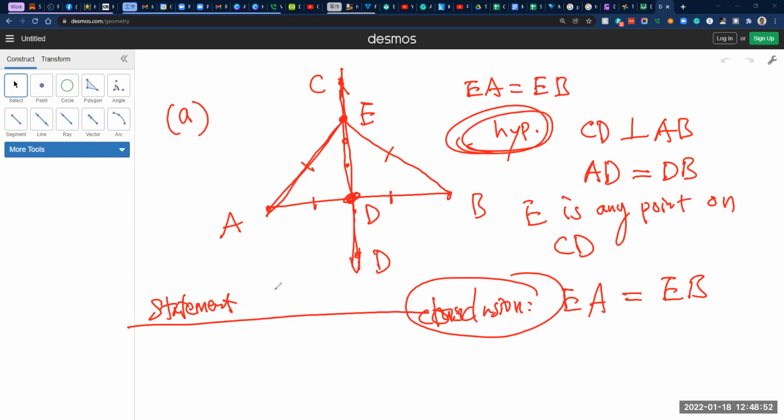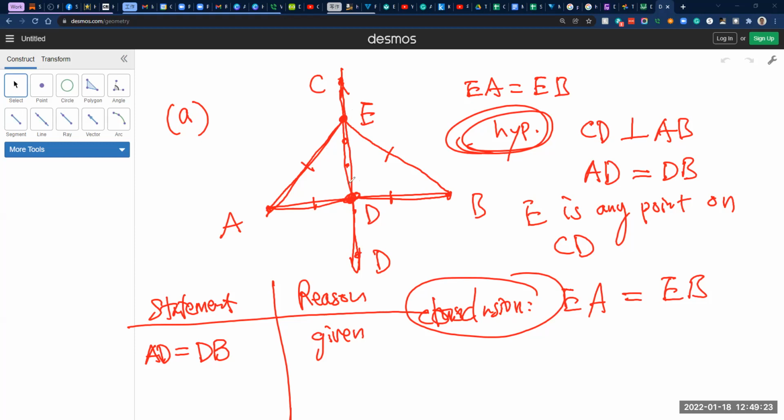We put the way we prove it like that: we have the statement and we have the reason. Okay, so we know this is equal to that. That's given. We know AD is equal to DB. So that's given in the hypothesis.